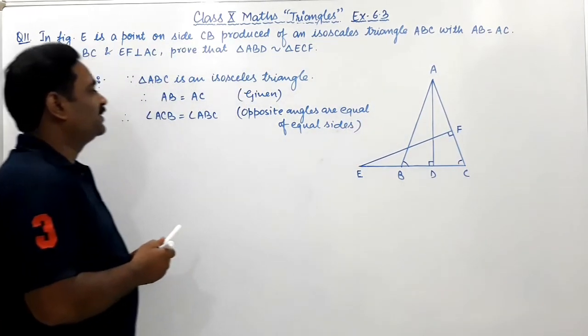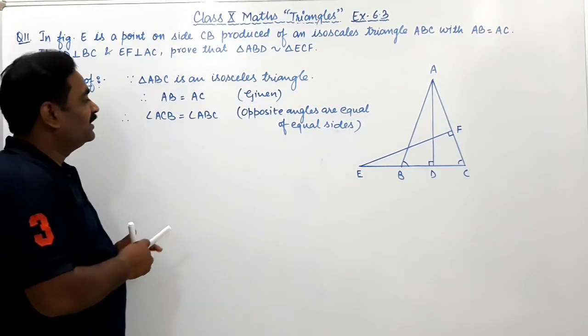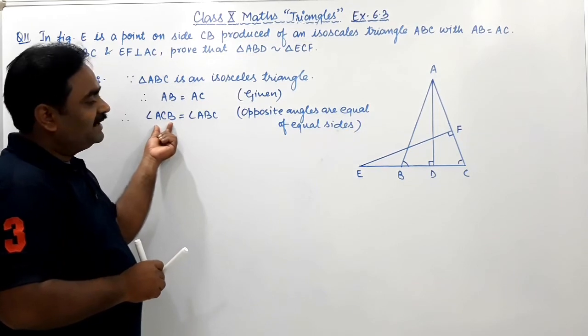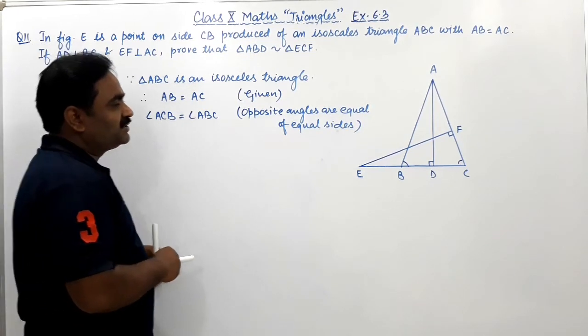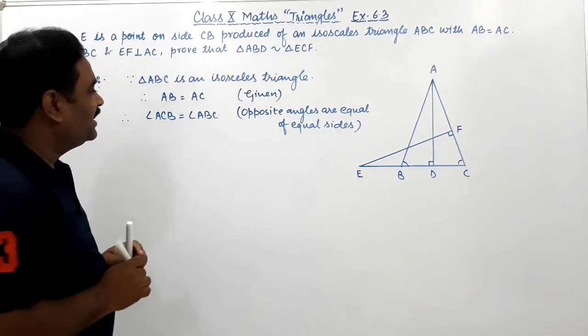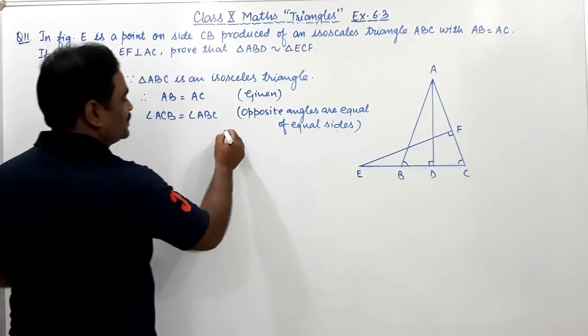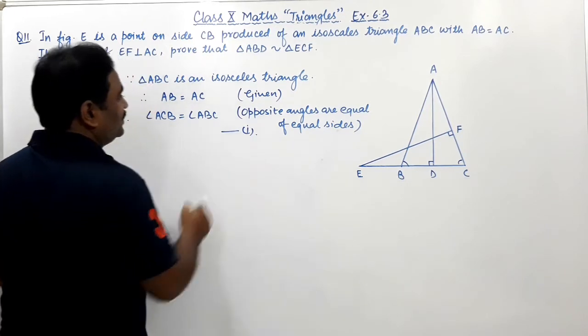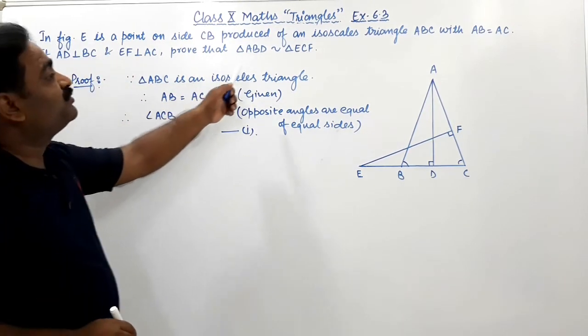Right, friends? Okay. Now this angle ACB is equal to ABC. Okay, ये मिल गया आपको. Say it is equation number 1. Now let us compare these two triangles which you are going to prove.